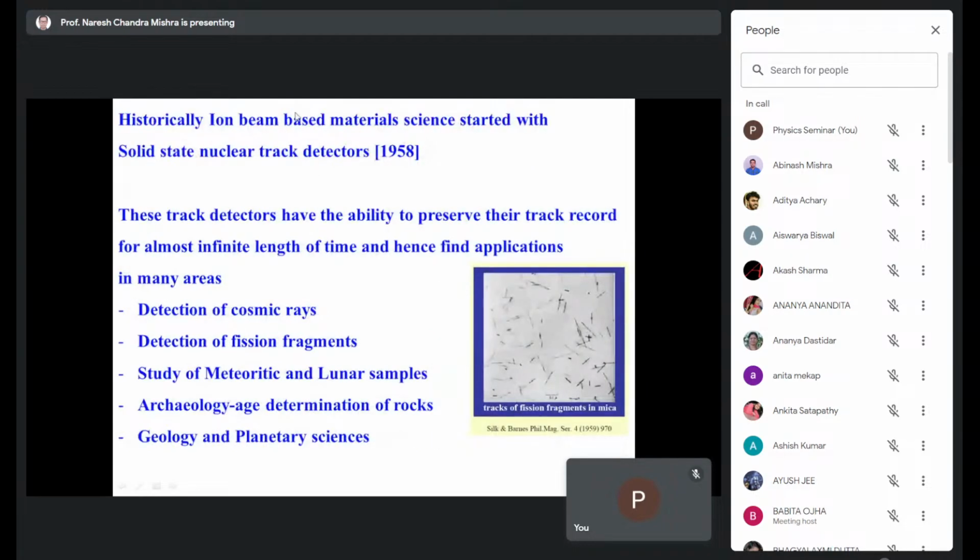Historically, ion beam-based materials science started with solid-state nuclear track detectors. What are these? These track detectors are dielectric insulators exposed to cosmic rays or nuclear radiations from radioactive materials.